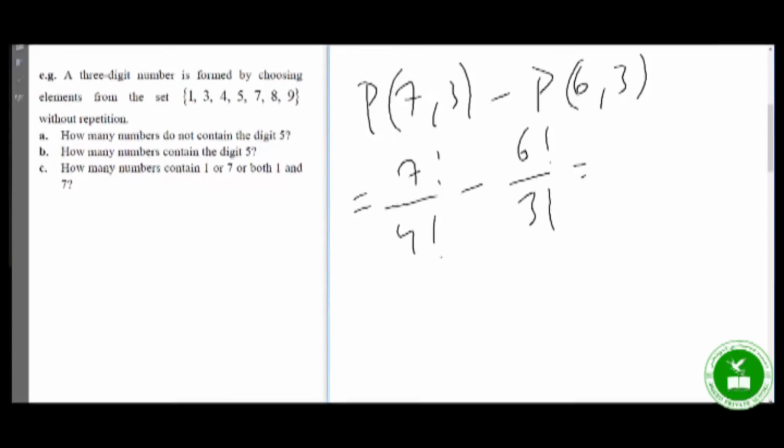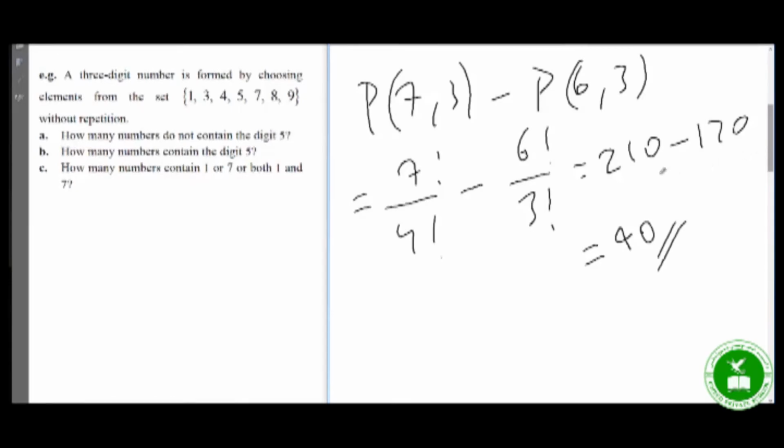If we subtract them, we obtain the number of numbers which contain 5. So if we calculate, we get 210 minus, as we calculated in the previous example, 120, and it's equal to 90 numbers. It means 90 three-digit numbers contain 5, but 120 numbers do not contain 5, and the total number of 3-digit numbers is 210.